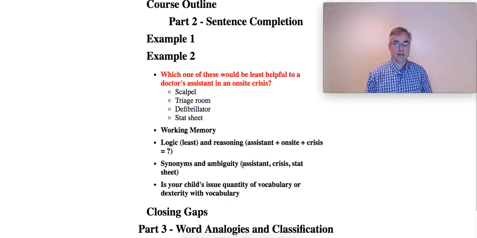So is the assistant a nurse, or is the assistant a caddy for a golf outing? Is the crisis some dystopian event that has filled up the hospital, or did this doctor get paired with their biggest rival for a 3 p.m. tea time and it's now 2:45? And then, of course, what is this stat sheet? I'm assuming it's a patient stat sheet, but it could be golf stats.